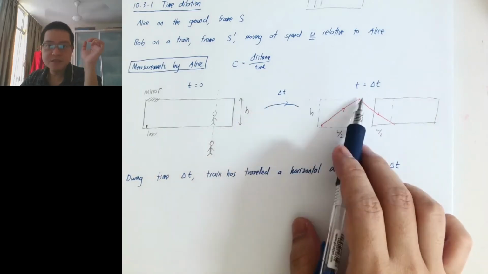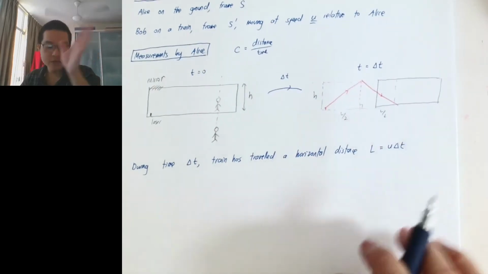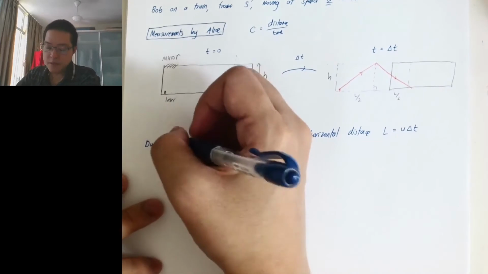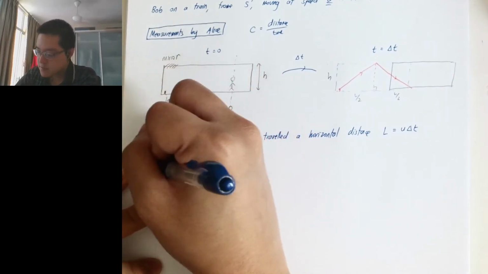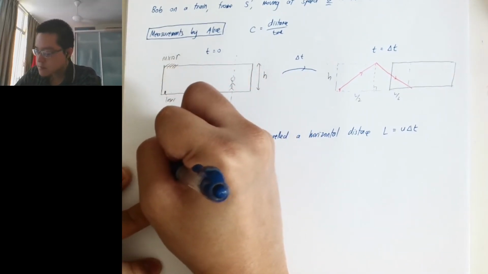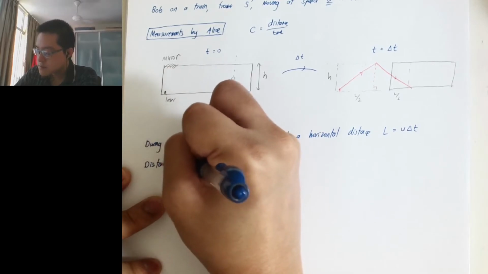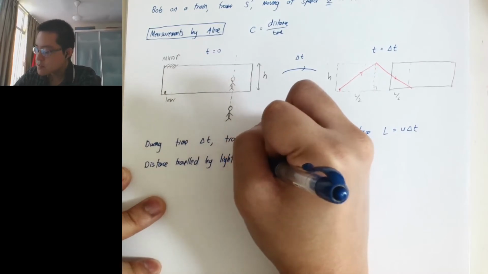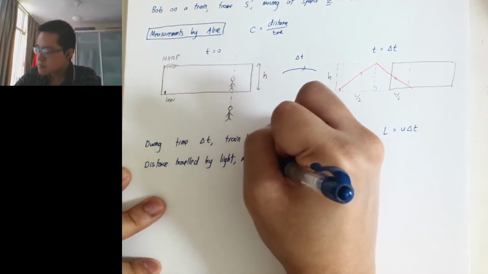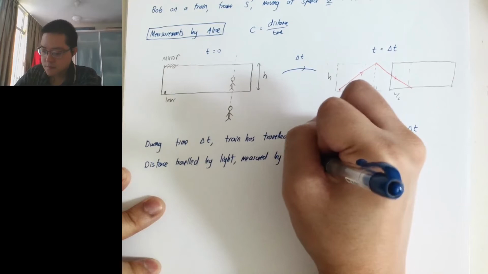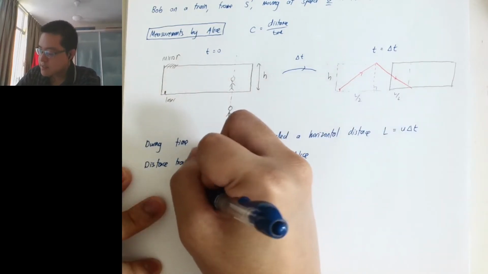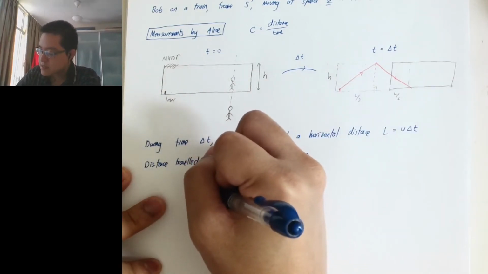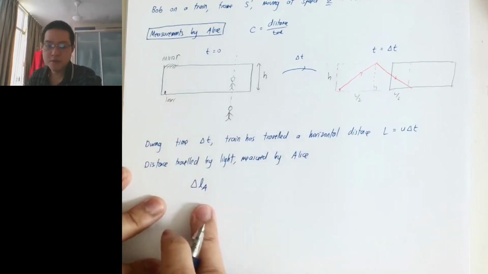What is the distance traveled by the light according to Alice? The distance traveled by light measured by Alice, I'm going to call delta distance, and put A here.